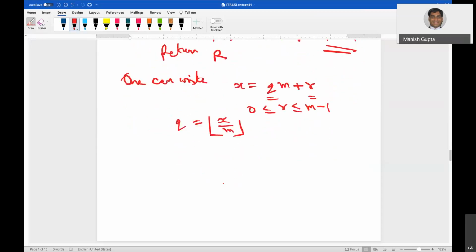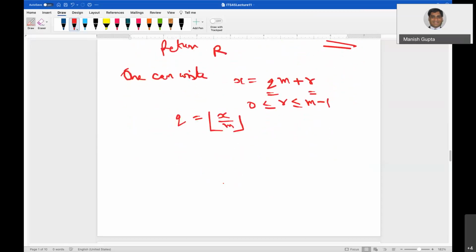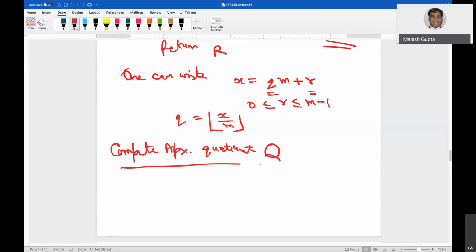So what we compute now in the algorithm is the following. Compute the approximate quotient, capital Q. My writing has become very bad writing on this. Okay, compute approximately.